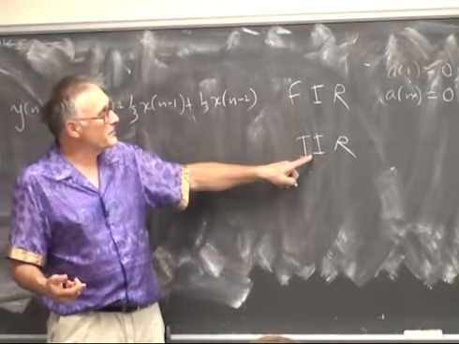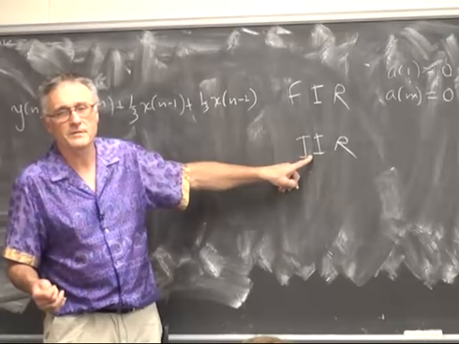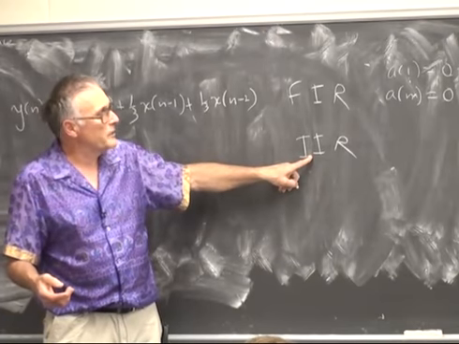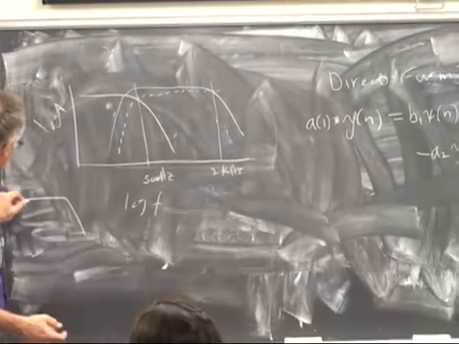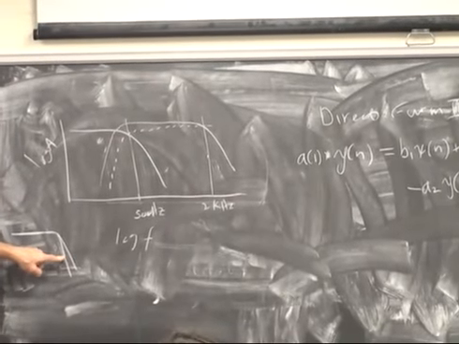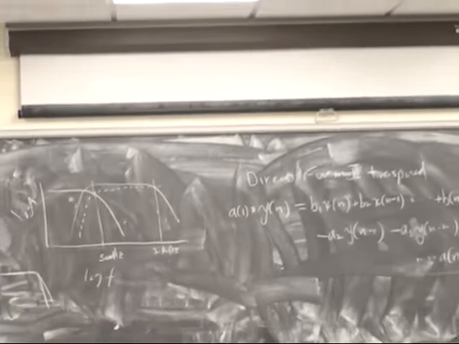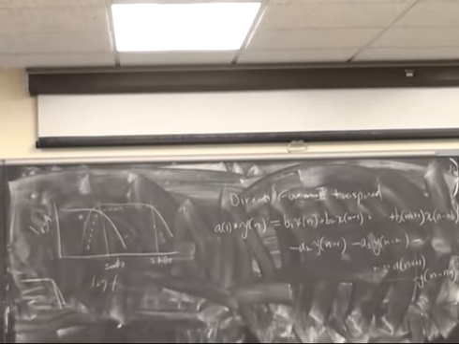But a more basic reason for liking infinite impulse response filters is you get about 10 times the bang for the buck. You can make a filter of a given sharpness with about 1/10 the operations if you use an infinite impulse response filter compared to a finite impulse response filter.